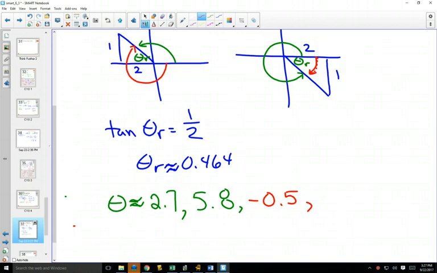Our reference angle has been the same for all of them. It's 0.464. I took this one, negative 0.464. This is the same, just rounded to the nearest tenth.